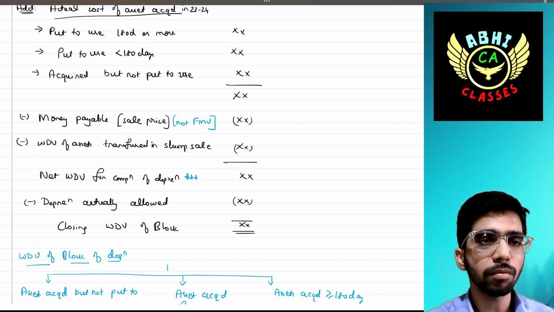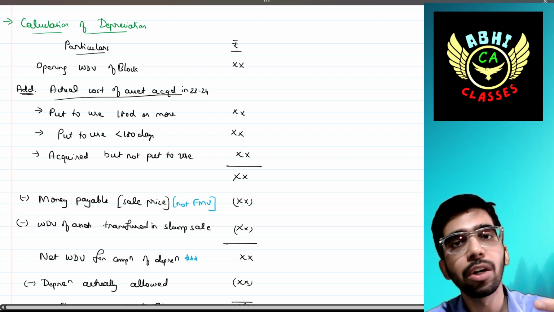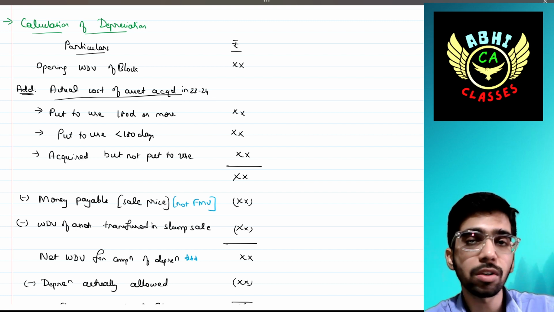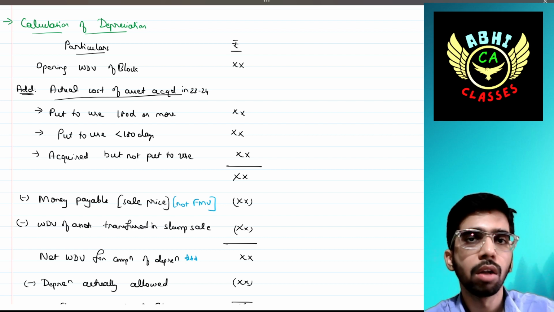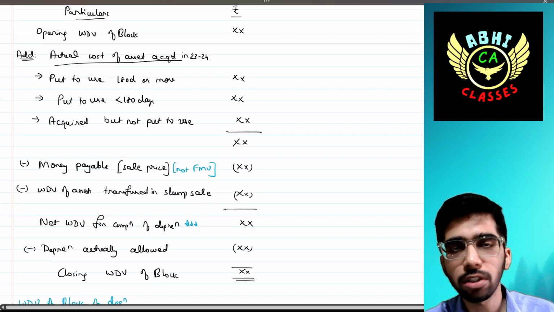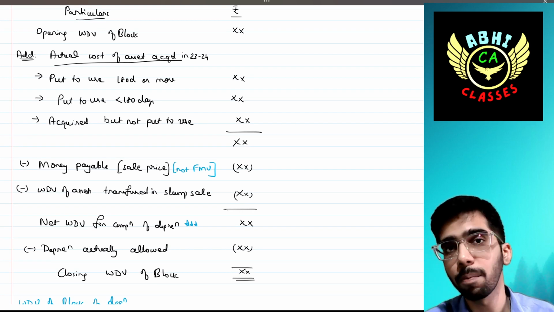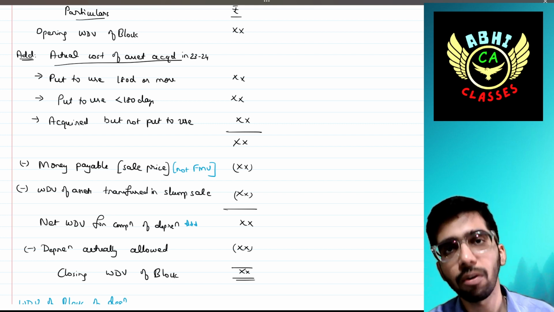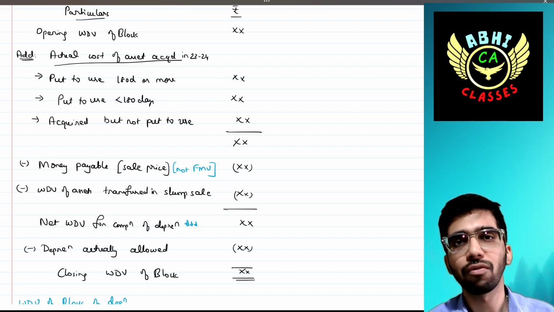First, opening WDV plus the additions made during the year, which will be categorized as put to use 180 days or more, 180 days or less, or not put to use, minus selling price, minus slump sale, to arrive at the net WDV on which the depreciation is going to be computed. Next, minus the depreciation actually allowable as per the Income Tax Act to arrive at the final closing WDV of the block of the assets.